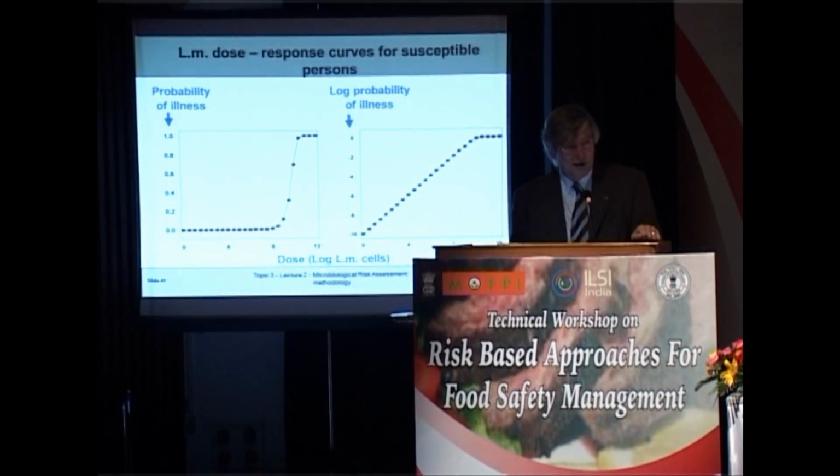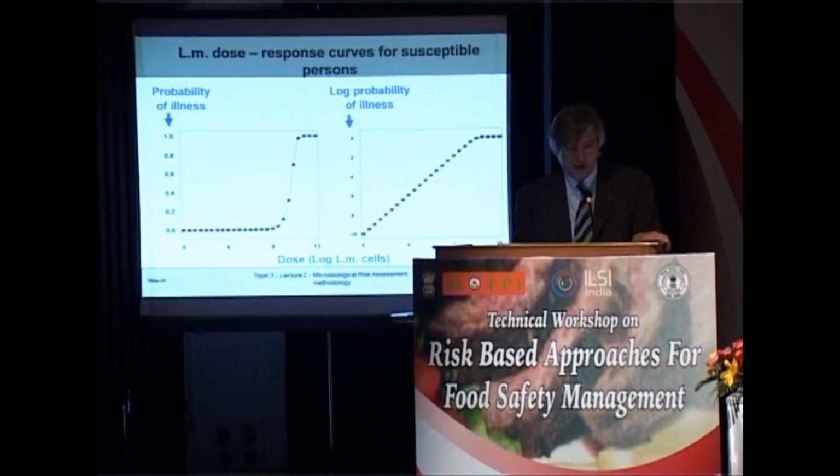There's an increase in the probability of illness with higher numbers of a microorganism. In fact, there are no thresholds in microorganisms. There's always a defined, very small risk of an organism having an impact. So this straight line illustrates that well.